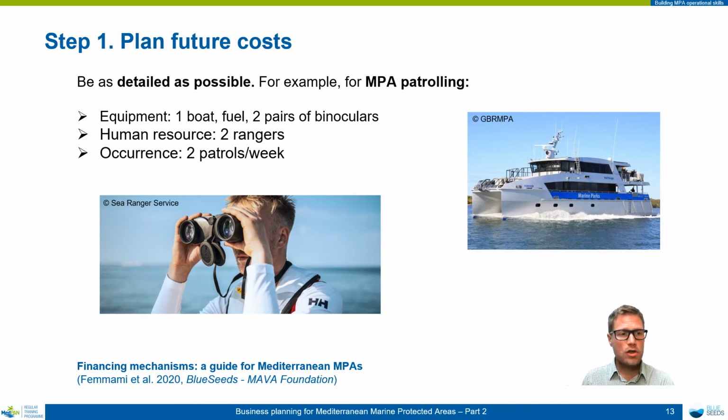For example, you might need one boat, fuel, how much, and binoculars, how many pairs of binoculars do you need? Human resources, how many people, 2 rangers, for example, and the occurrence of this activity, 2 patrols a week, for example.